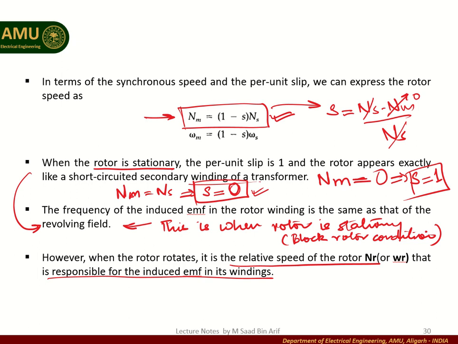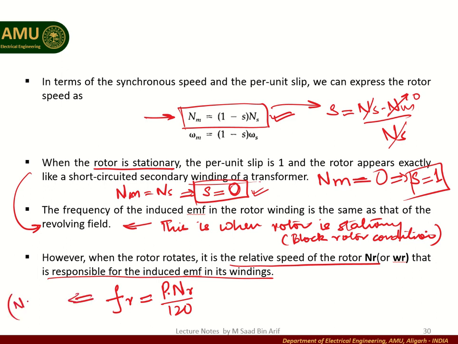So in this case, the frequency of the induced EMF in a rotor will be defined as, if Fr is the frequency, Fr = Np upon 120, P into Nr, where P is the number of poles. From where do we get this formula?